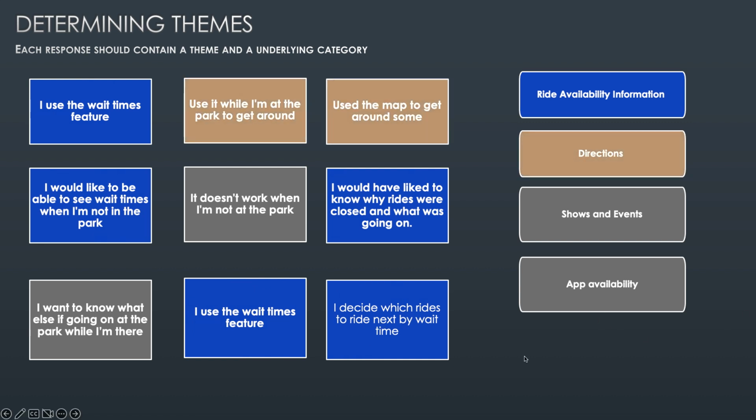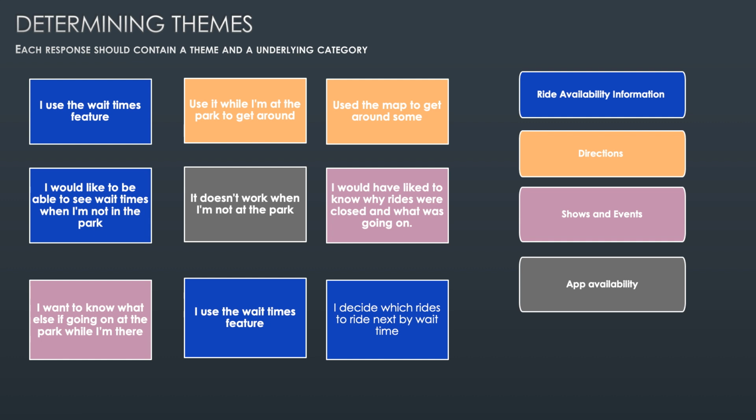The next component that we see is that they are looking for directions around the park. They also want to know what shows and events are going on. In addition to that, finally, app availability. Where is it available? And what is it that they want to see?